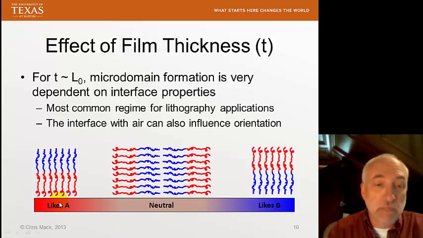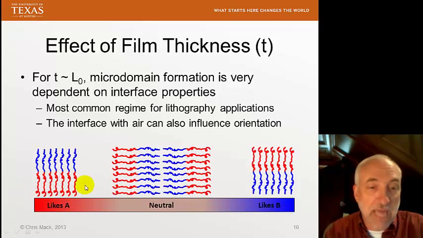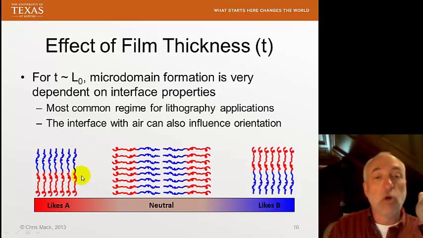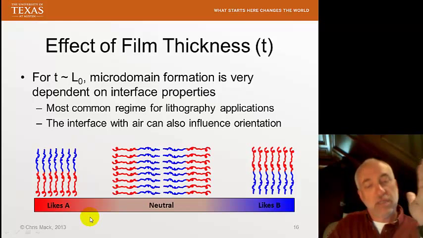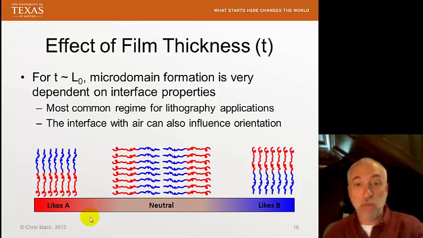The result will be a whole layer of nothing but A, and on top of it a layer of nothing but B. So when the copolymer stands up straight, the layers that are formed are horizontal layers, or lamella.